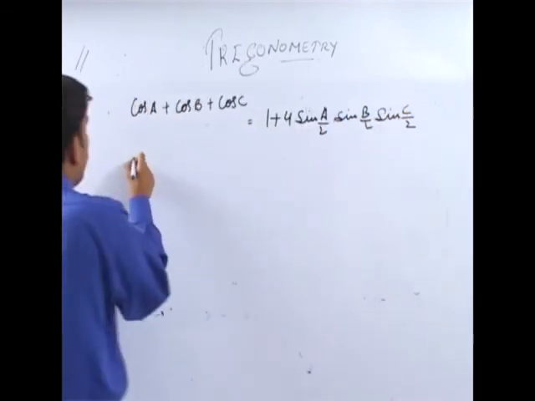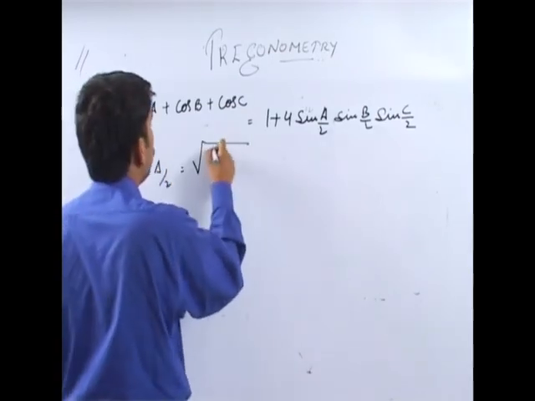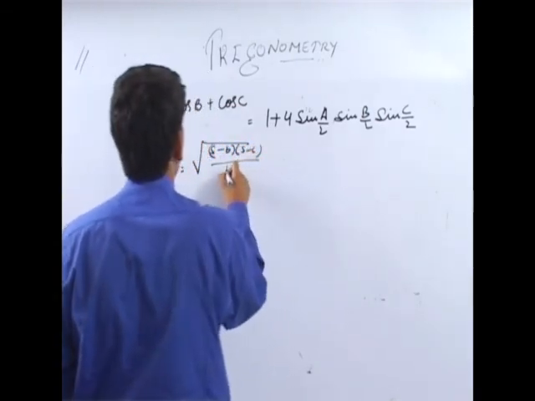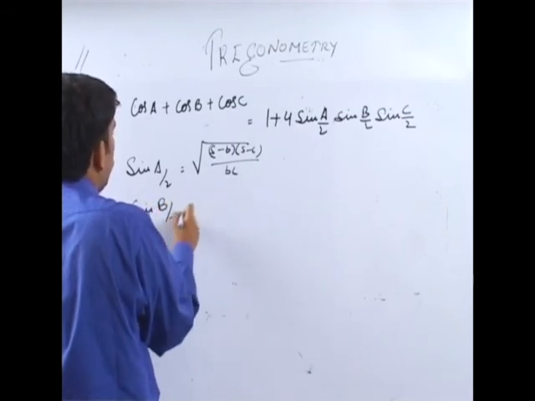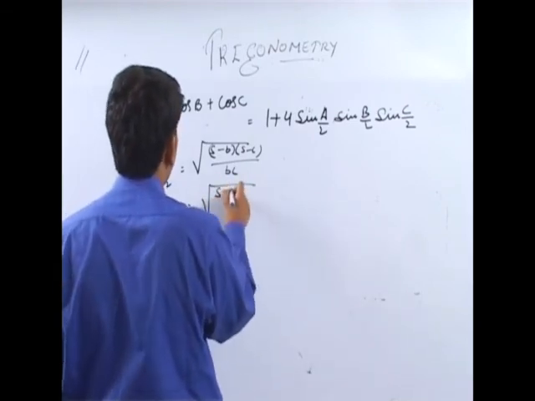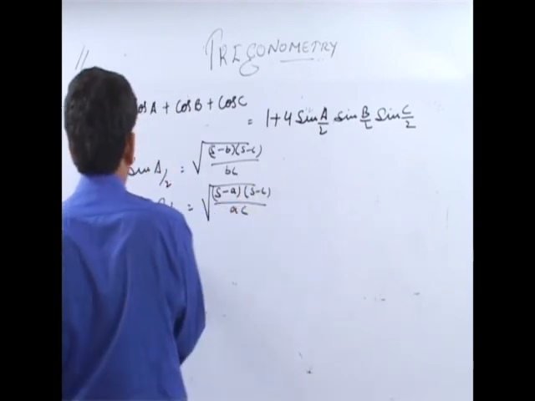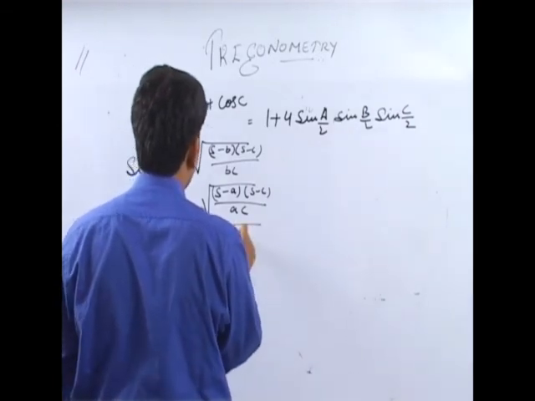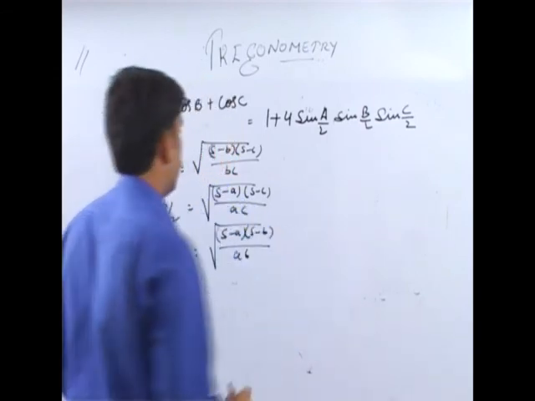Now from the half angle formulas, sin A by 2 is equal to under the root S minus B into S minus C over BC, and sin B by 2 is root of S minus A into S minus C over AC, and sin of C by 2 is equal to root of S minus A into S minus B over AB.